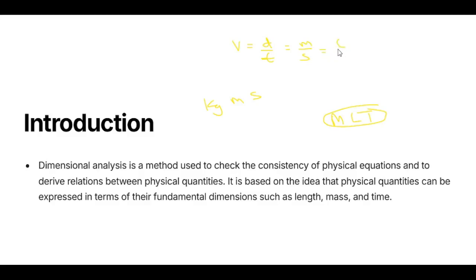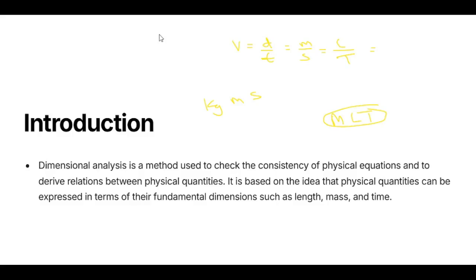Instead of second, you'll have time. So this is equal to length times time raised to the power minus 1. That's how dimension varies from units: dimensions express things in their fundamental quantities.